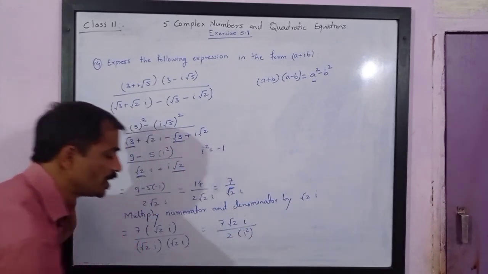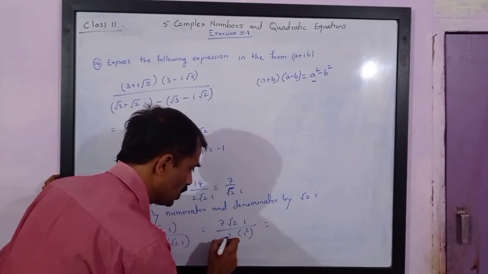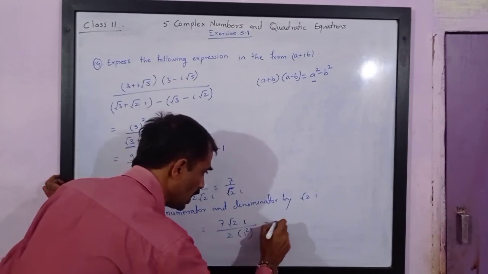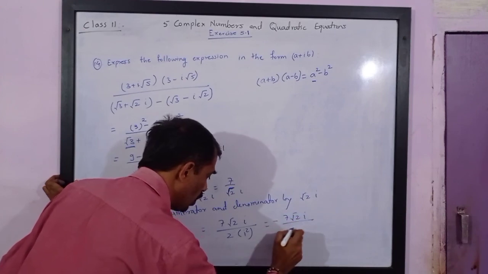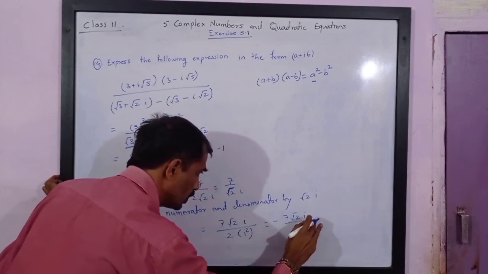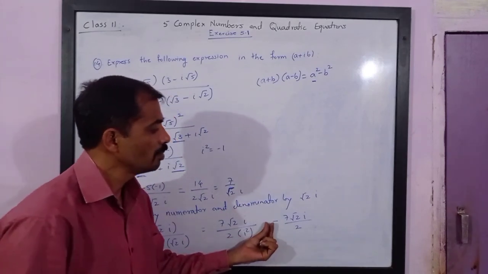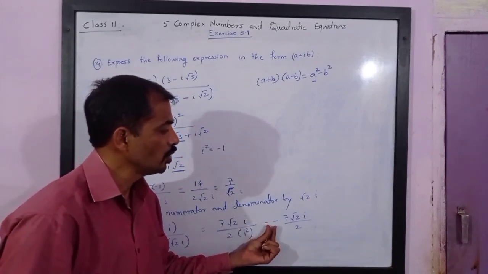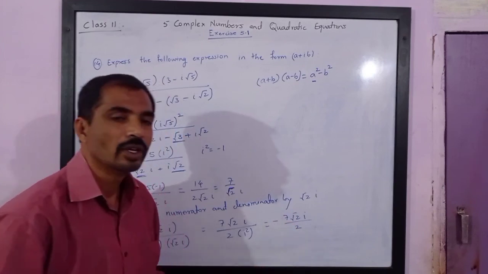Now again I square is equal to negative 1. So this is equal to minus 2, sign we write at the front, 7 root 2I upon 2. So this is the answer. Now please note here, a term does not exist, means A is equal to 0 and B is equal to negative 7 root 2 upon 2.